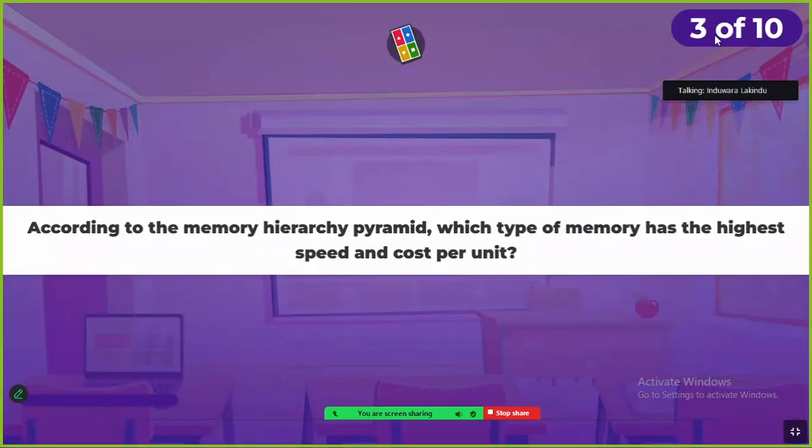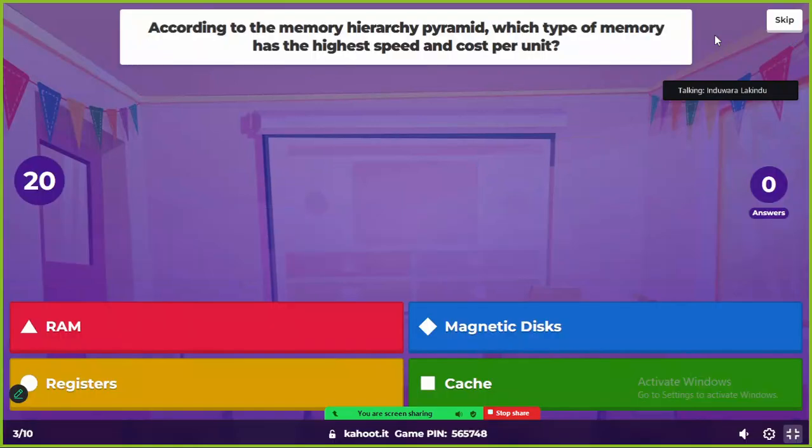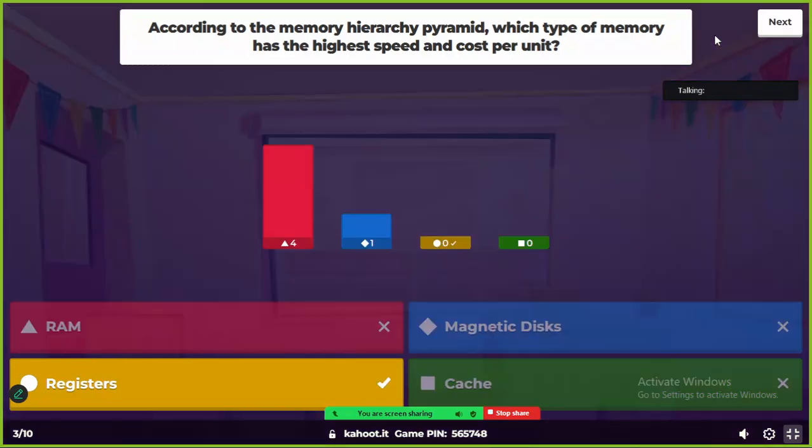Third question: according to the memory hierarchy pyramid, which type of memory has the highest speed and cost per unit? Which one is more expensive? The nearer it is to the CPU, the more expensive the capacity is. Registers.